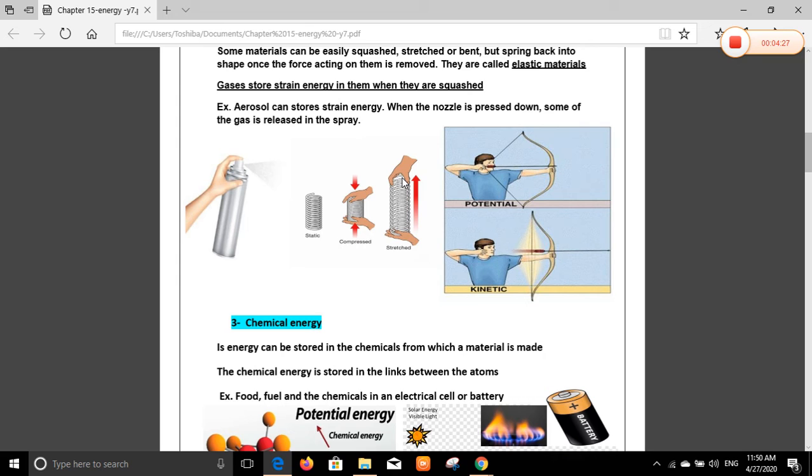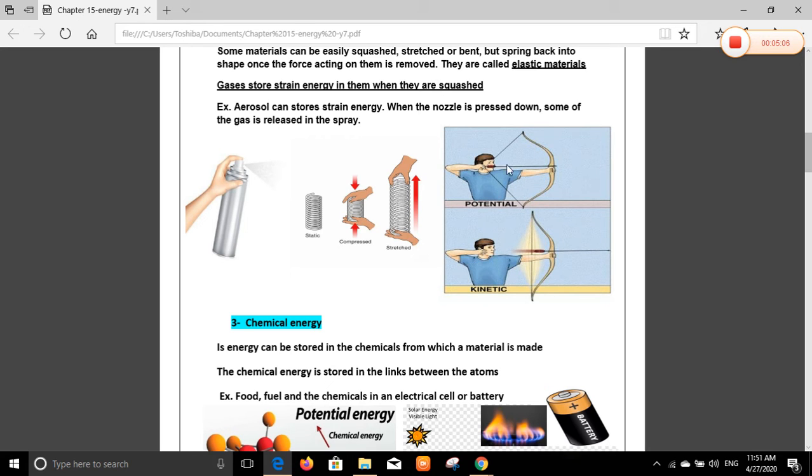Look at the bow and the wire. The man stretches the wire, and when he lets go, the strain energy changes into kinetic energy. Again, some materials can be easily squashed, stretched or bent, but spring back into shape once the force acting on them is removed.